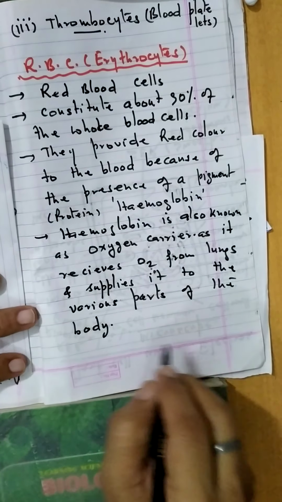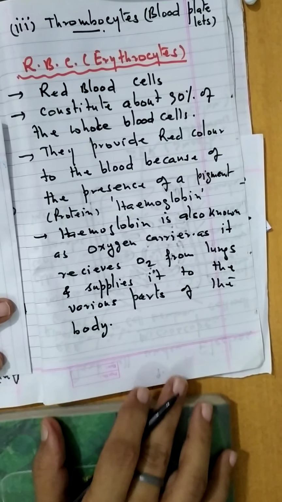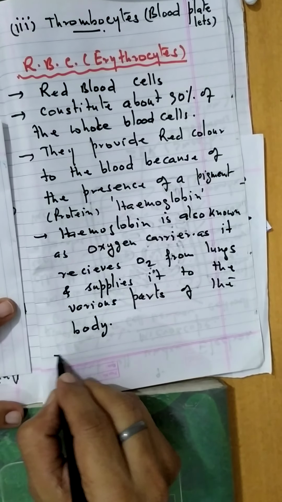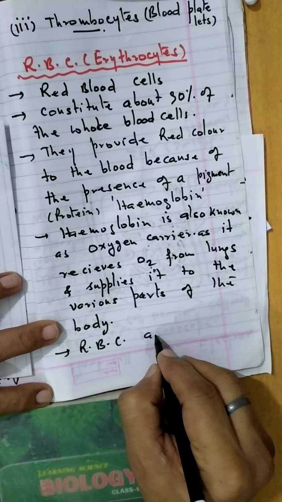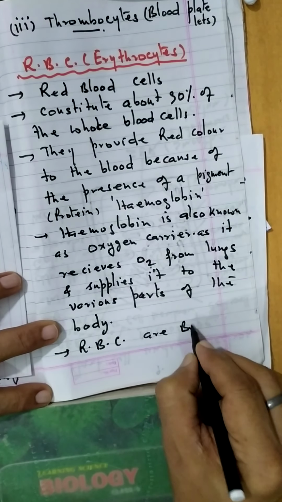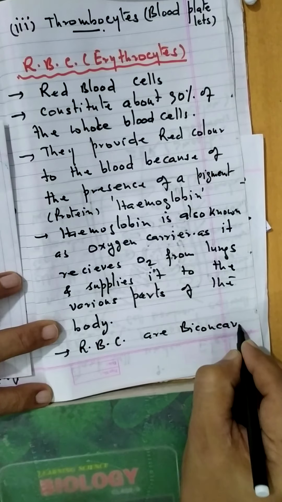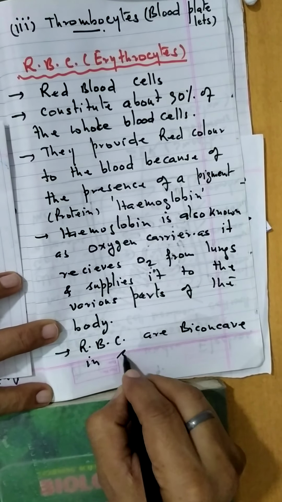Is it clear? Now RBCs are biconcave in shape.